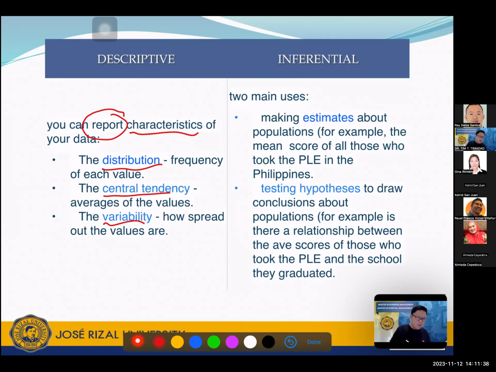So again, when you use descriptive statistics, these are the three pieces of information that you're going to use in order to describe a certain set of information. While in your inferential testing, the two main ways of reporting the characteristics of your data is by providing estimates and hypothesis testing.